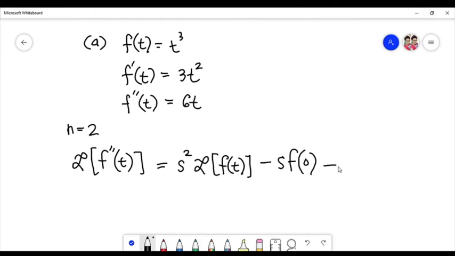Then minus, the next is s raised to 2 minus 2, so it will have no coefficient s, and then our next term will be f prime of 0.